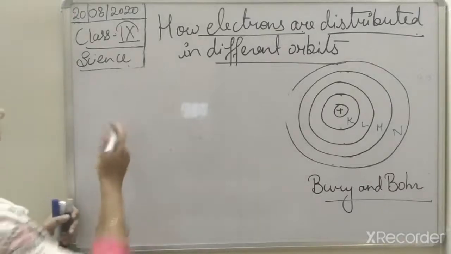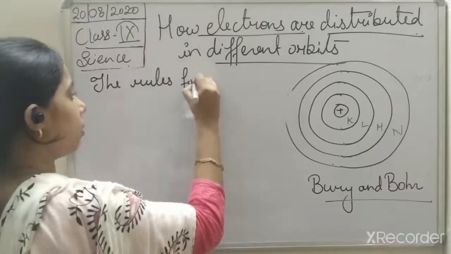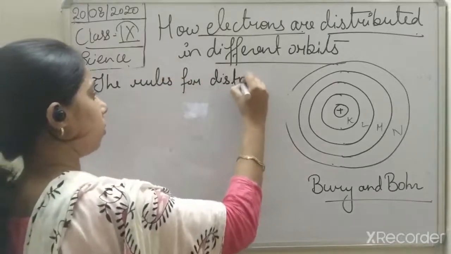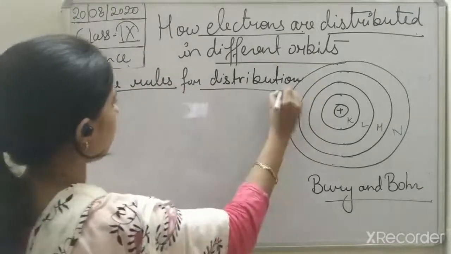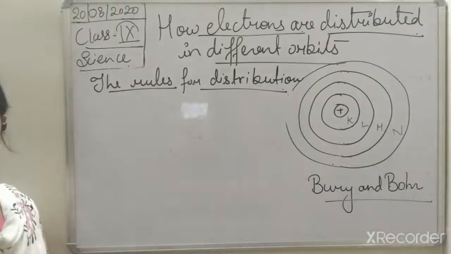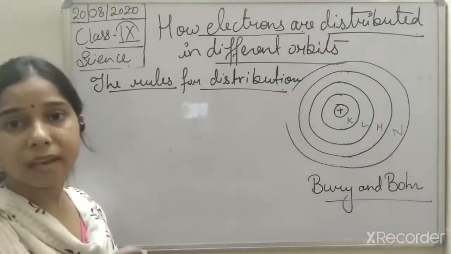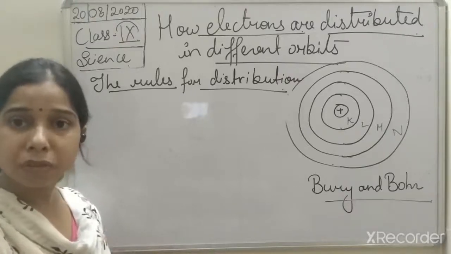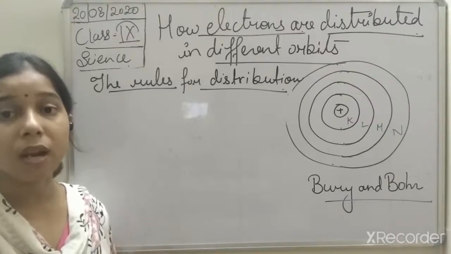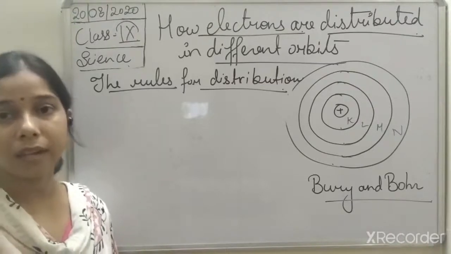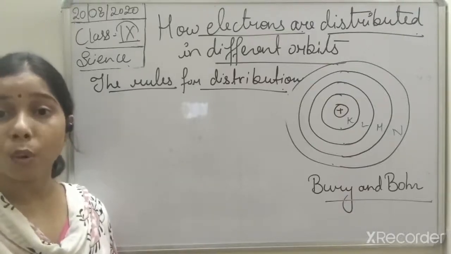Now what are the different rules, students, which are given by them? The first rule of distribution: the electron always enters the lowest energy level. Whenever you distribute the electrons, they first enter the energy level which has the lowest energy.